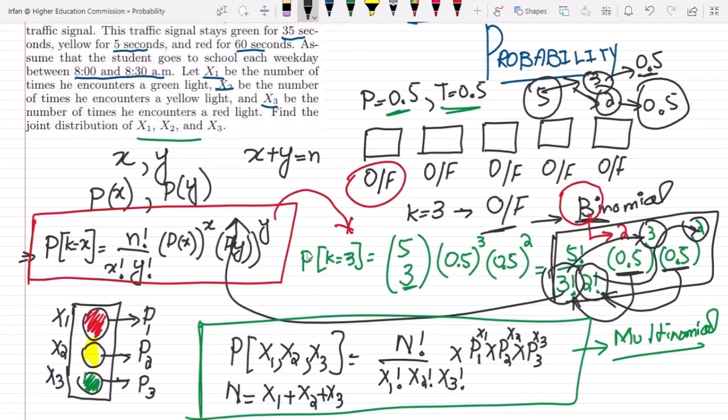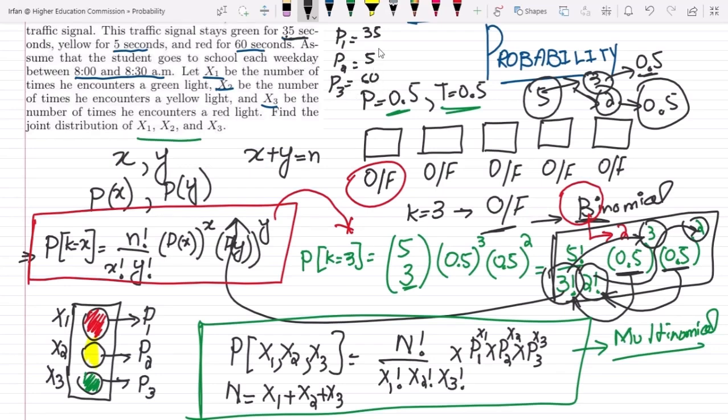In order to find P1, P2, and P3, what do we have to do? P1 is the probability of which light? This will be the first one, which is 35. So P1 is 35, P2 is 5, and for P3 I write 60.